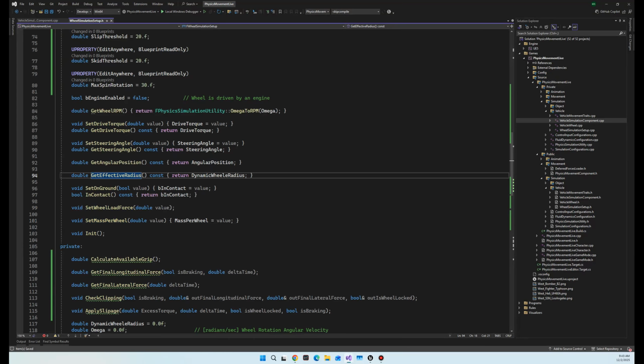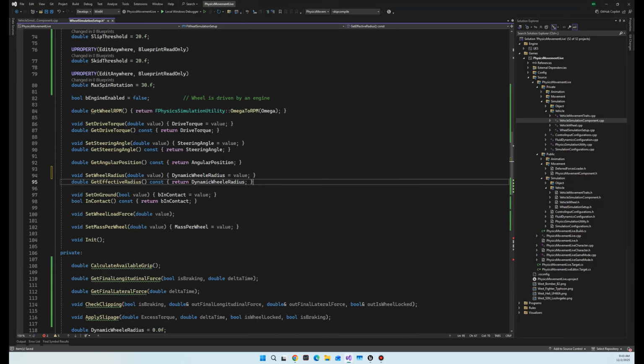We have get effective radius, but we don't have a setter, so let's get the setter in there. So we have set wheel radius, and we have the get effective radius. Again, this is just going into the dynamic wheel radius. I'm going to try and group these together, so we have the getter and the setter together, working on the same positions.